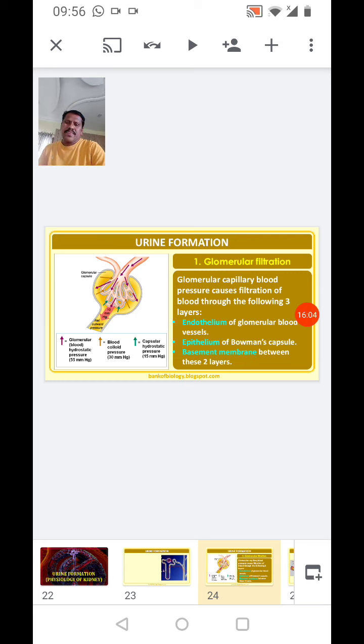In the beginning I told you about filtration of the blood from the glomerulus into the lumen of the Bowman's capsule through the filtration membrane. This membrane is formed by three layers: endothelium of blood capillaries, basement membrane, and podocytes of Bowman's capsule.